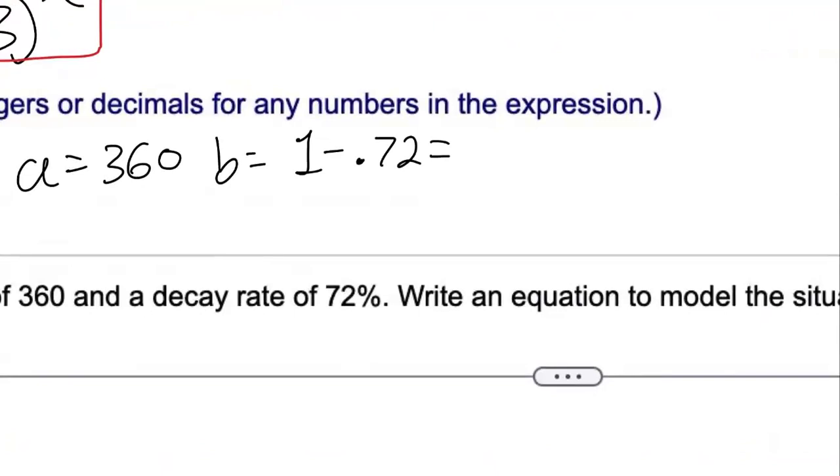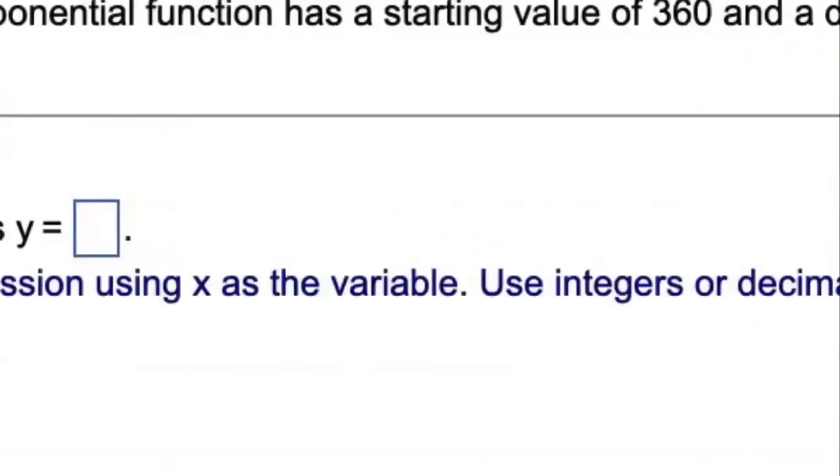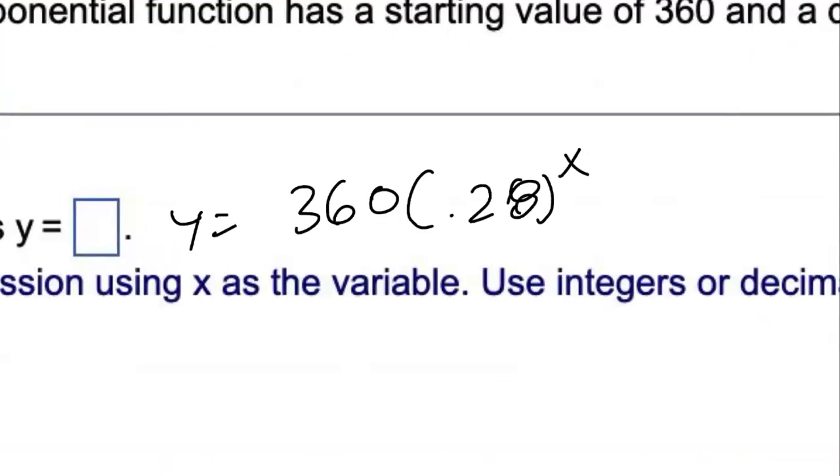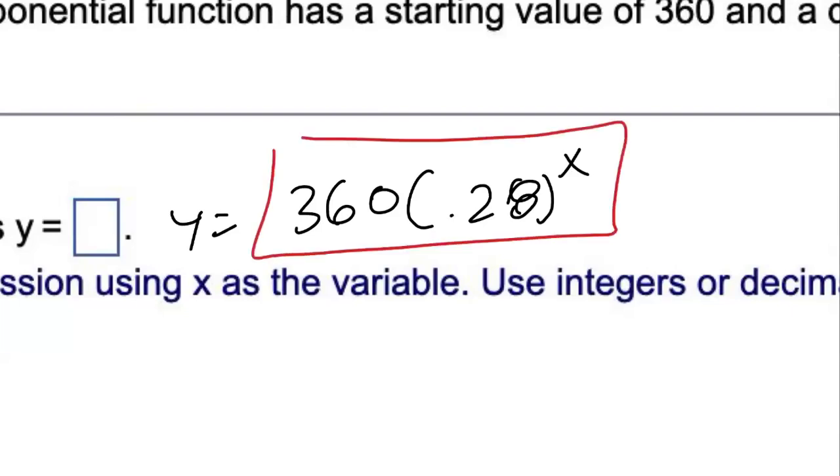So when I subtract that, very good, 0.28. You don't have to have the 0, but you gotta have the point though. So to write the equation, y is equal to my starting value, 360, parentheses, 0.28 to the power of x. And that is my answer.